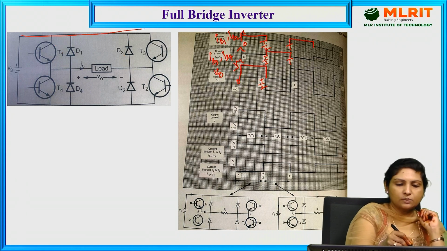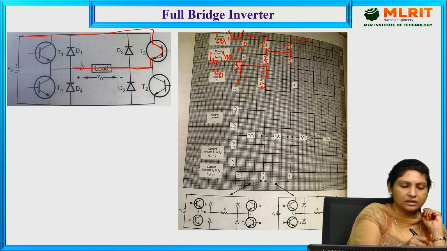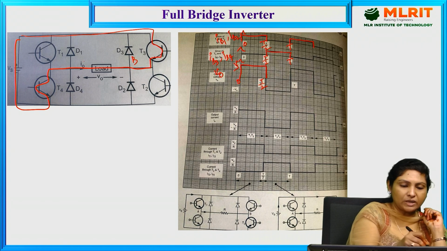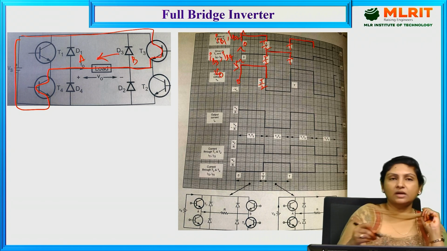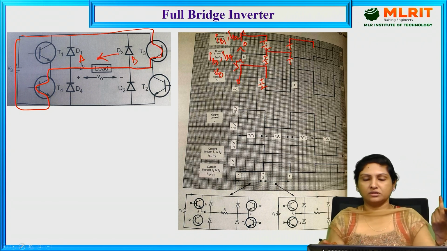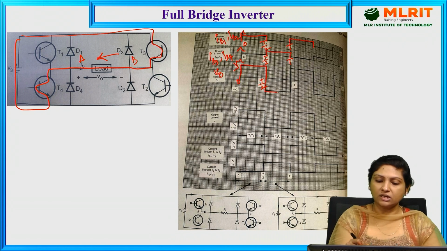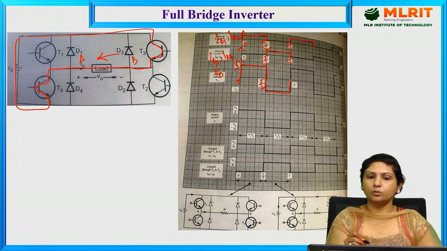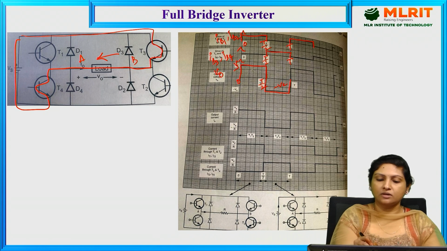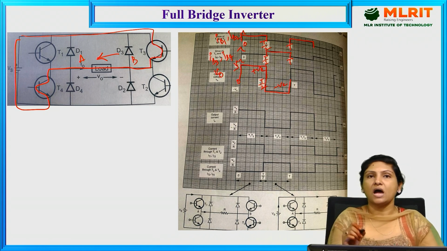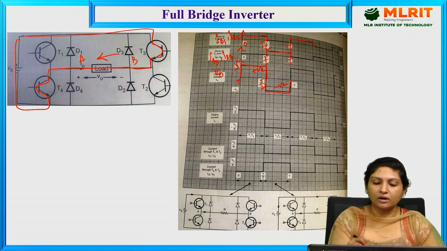They conduct current through the load from point B to A, which is reverse to the first case. That is why from T by 2 to T we get the negative output voltage. This is the positive output voltage and this is the negative output voltage, and we get the waveform from instant T by 2 to T.